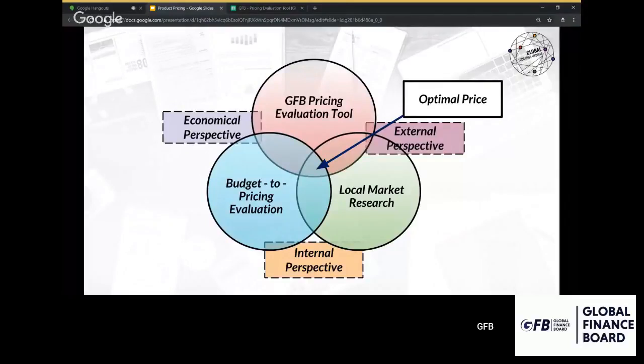If we're going to use the pricing evaluation tool and local market research only, then it is mainly on external perspective, because of course this is data not based on the budget. Then if it's budget to pricing and also the local market or customer acceptance, then it is internal, because it is something that we can control more or have more direct touch points.